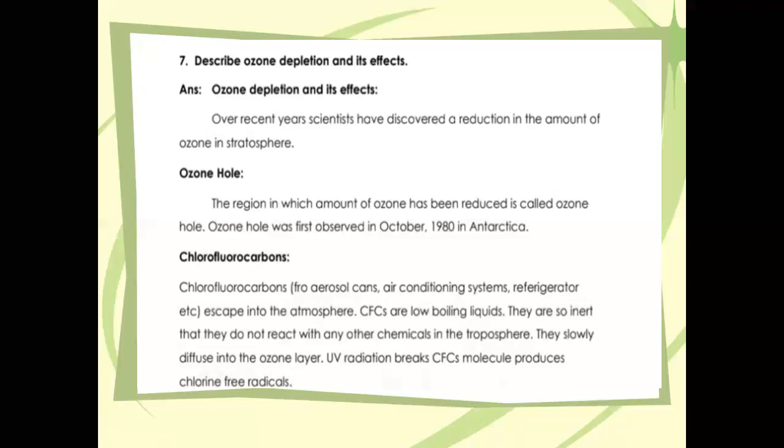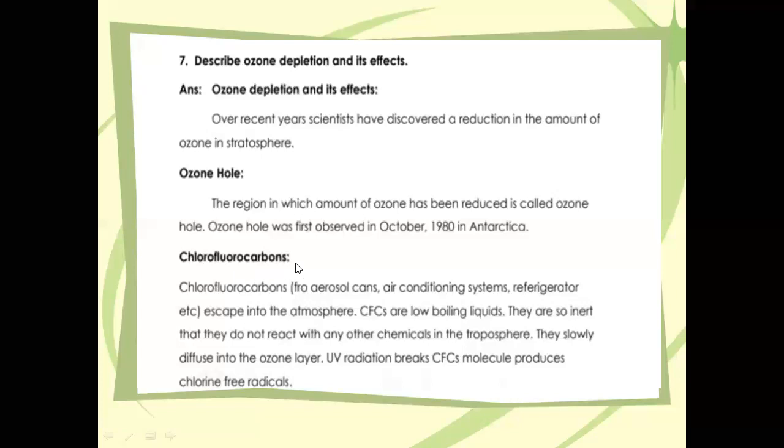The ozone hole was first observed in October 1980 in Antarctica, because I told you that the pollutants which are produced in areas move hundreds of kilometers away from the source, and then at that distance they cause the problems. Same is here. Ozone hole was first observed in 1980 in Antarctica.